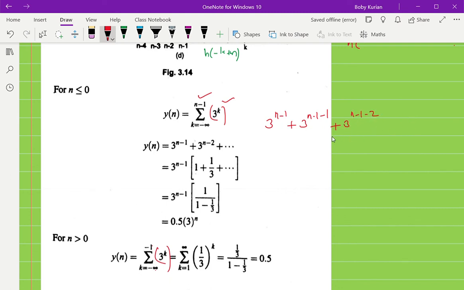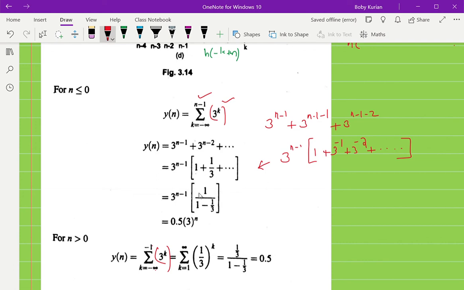So 3 raised to n minus 1 is common, so it can be taken outside. What remains there is 1 plus 3 raised to minus 1 plus 3 raised to minus 2 plus etc., like this. That is what comes here. 1 plus 3 raised to minus 1 is 1 by 3, like that.